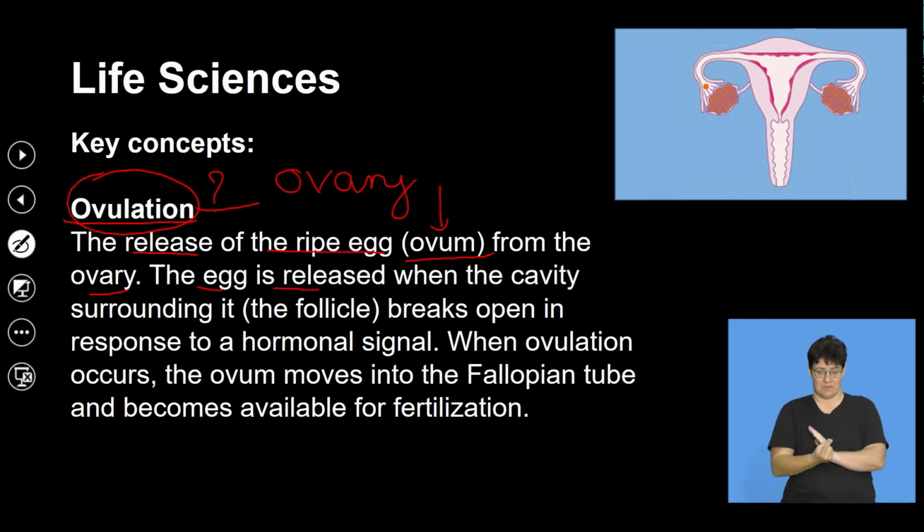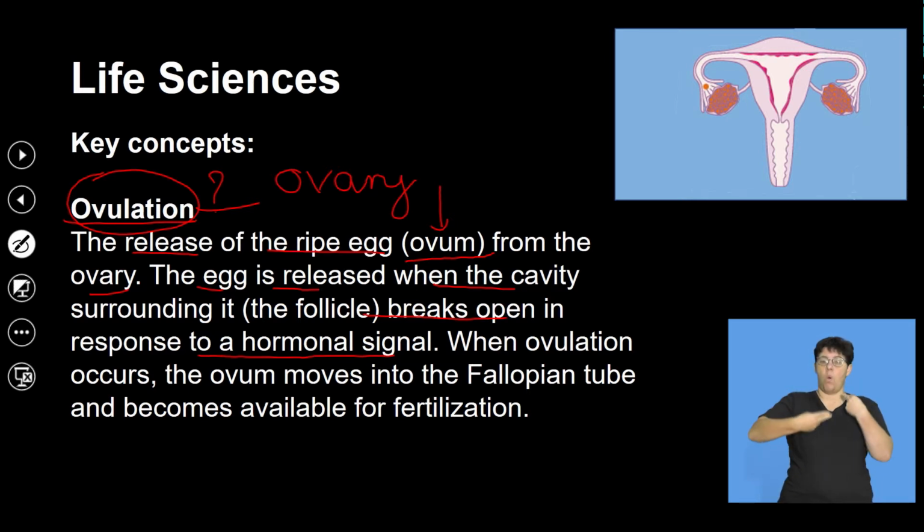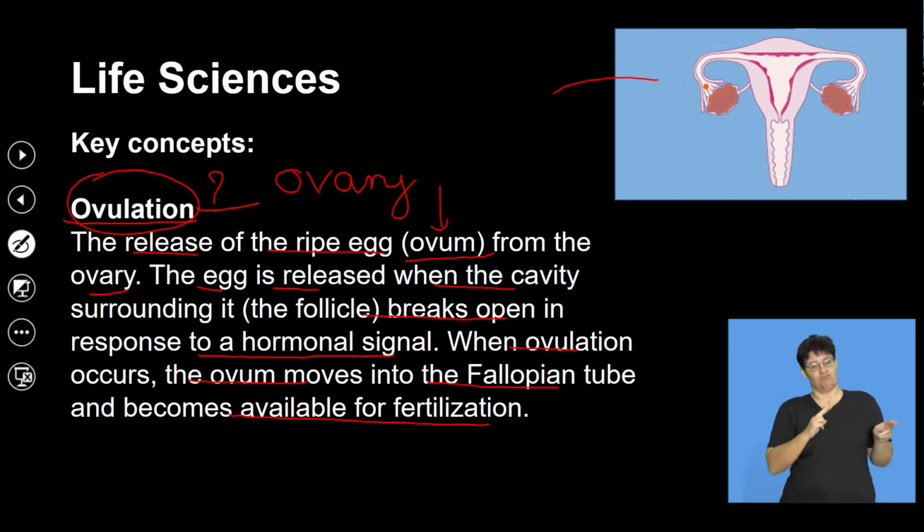The egg is released when the cavity surrounding it breaks open, in response to hormones that are released. When ovulation occurs, we see that the ovum moves into the fallopian tube and becomes available for fertilization. As you look at my diagram here, a recap on this is the female reproductive system.